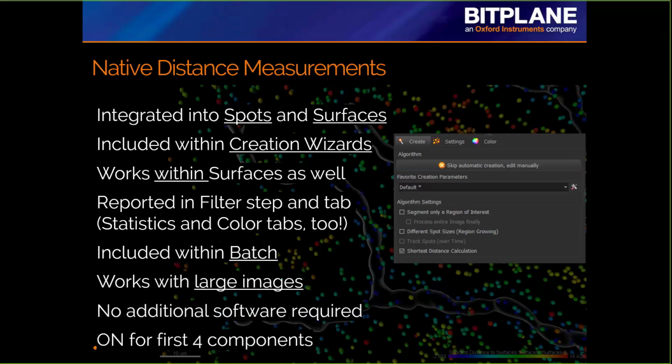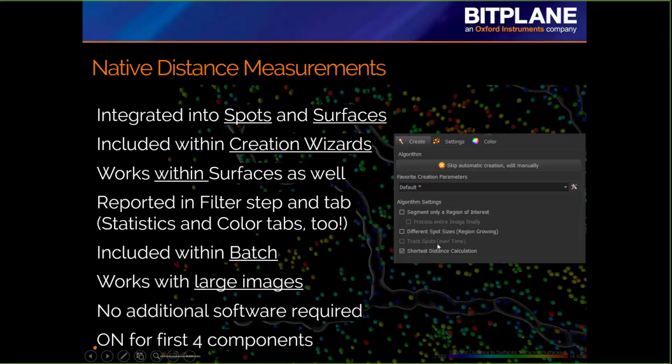One note that I want to make sure I say to everyone is that we also realize that you can have many different components within one image, meaning many different types of spots and surfaces. And because these are all calculations that need to be done, if you don't want to wait for the calculation to be done, you are able to turn these on and off during the creation wizard.